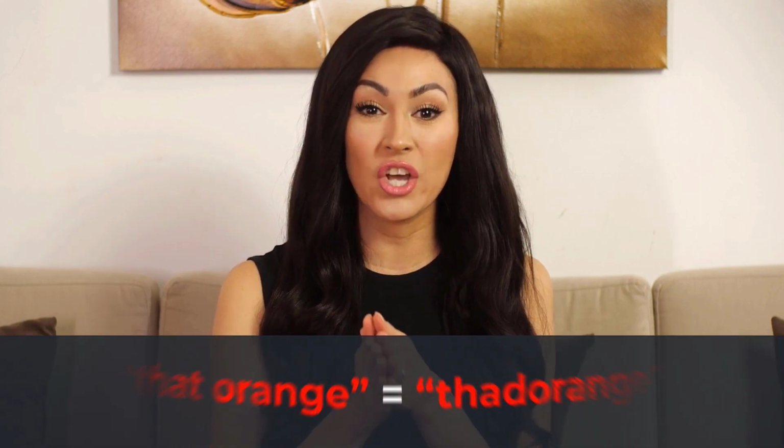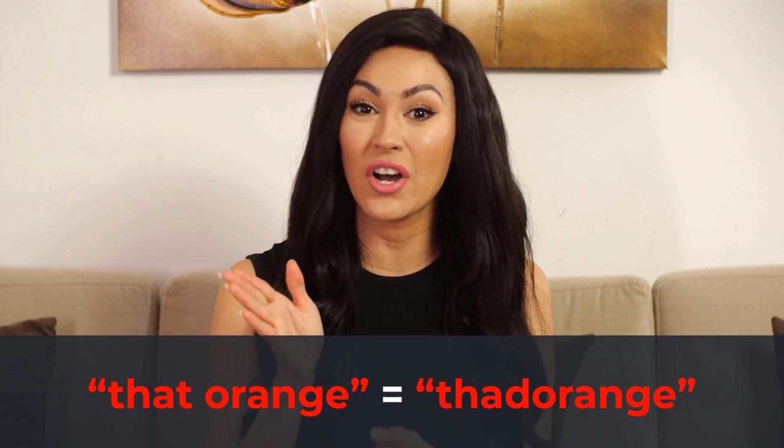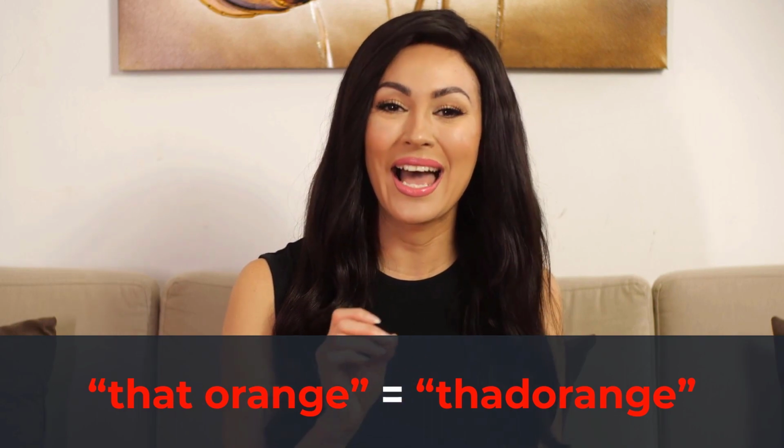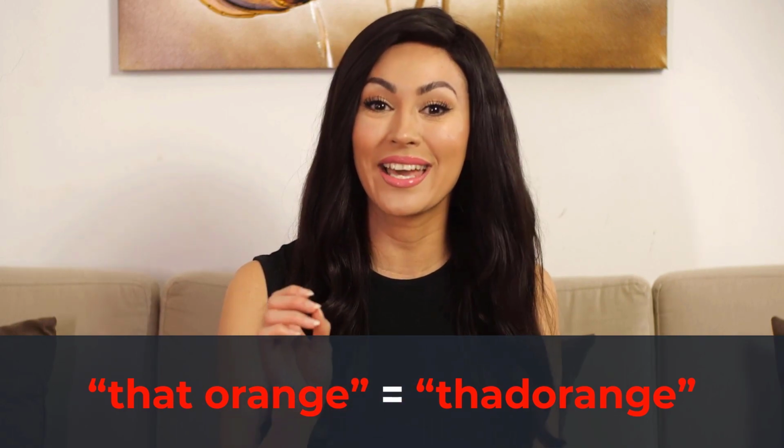In some cases, the consonant sound changes when it's linked. For example, if I were to say that orange, you will probably hear me change the final consonant T sound to a D sound, as in that orange. Here are some other examples.